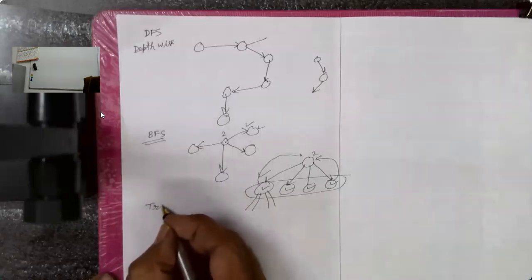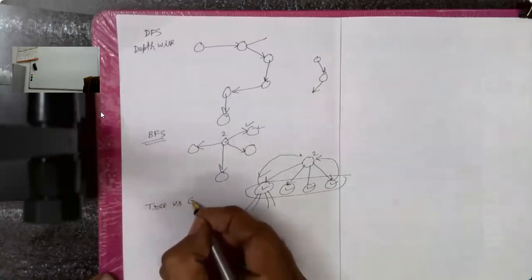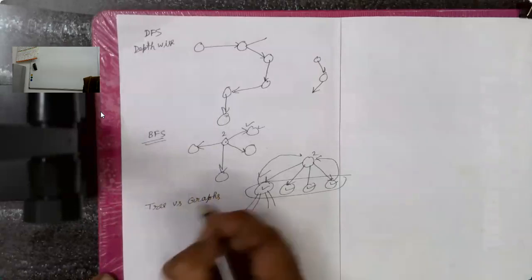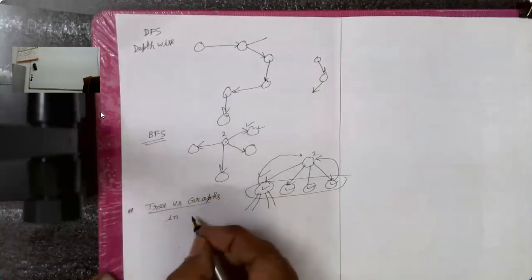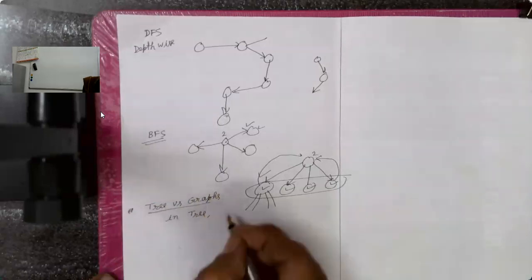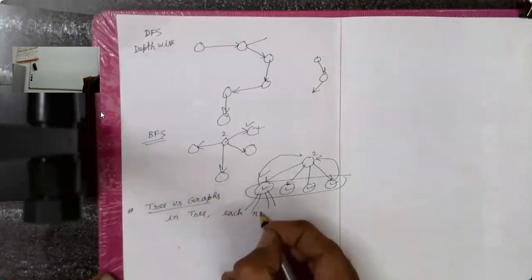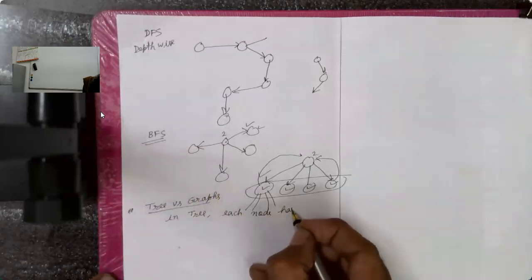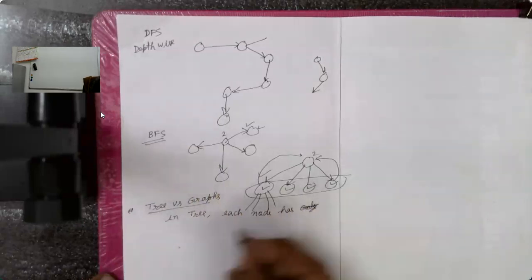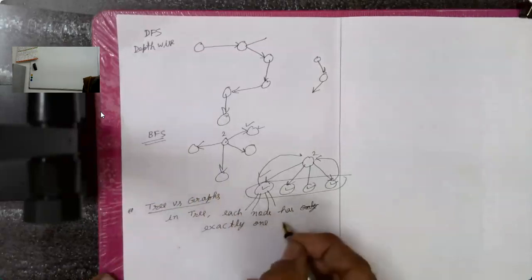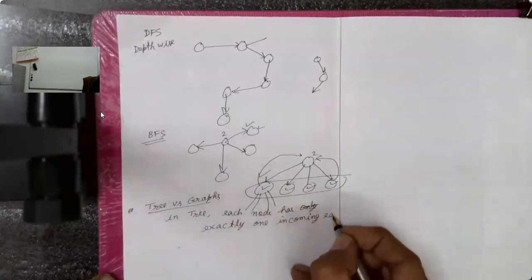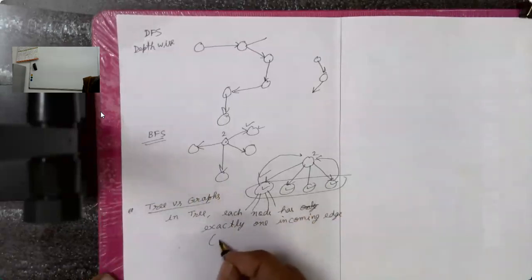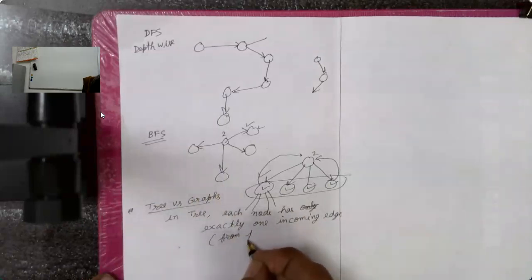So tree versus graph, you can see there is a significant difference. Both are non-linear data structures, but in tree, in binary tree or in tree always, each node has exactly one incoming connection, incoming edge, which will come from parent actually.